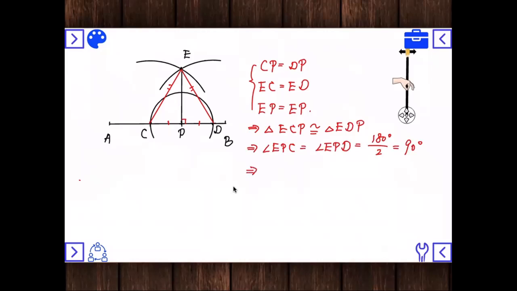And that's why angle EPD is a right angle. That means EP is perpendicular to AB.